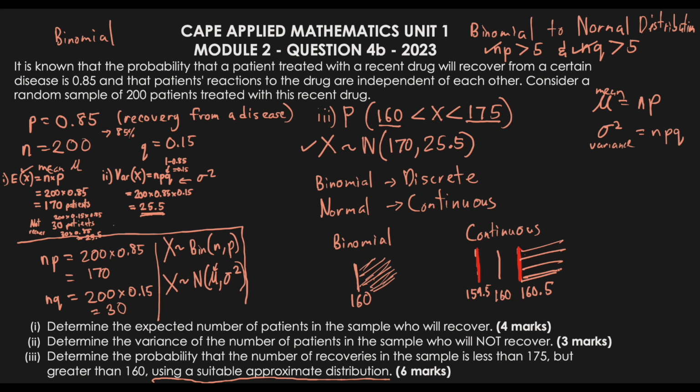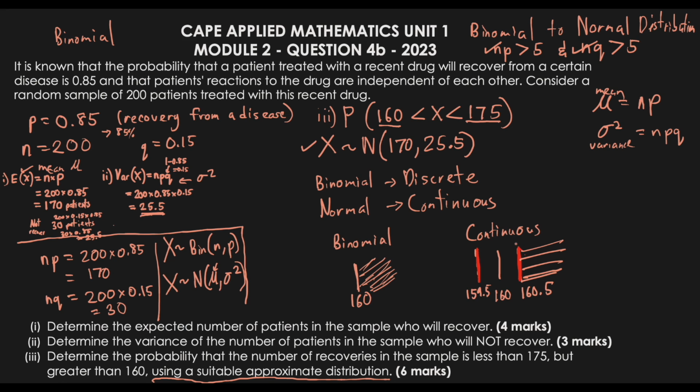So if it's more than 160, we're talking about going from 160 to 161 and so forth. This here represents more than 160. If we wanted to say more than or equal to 160, we would have to consider from this boundary here, because then any value that could be equal to 160 would be within here. But for this case, since we want only more than 160, this is what we're looking at, more than 160.5.